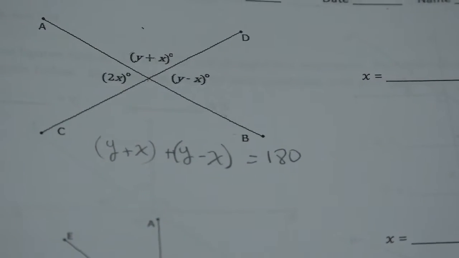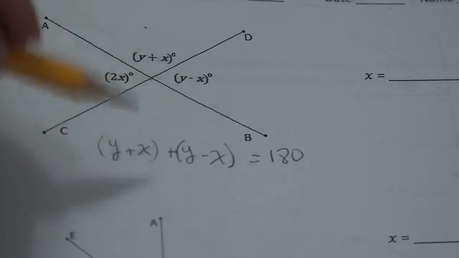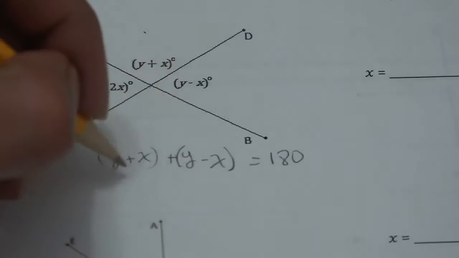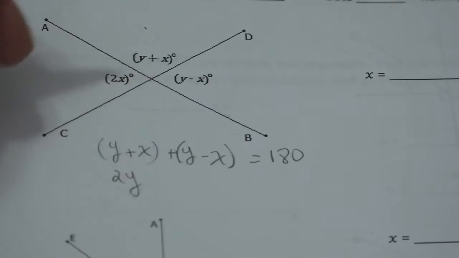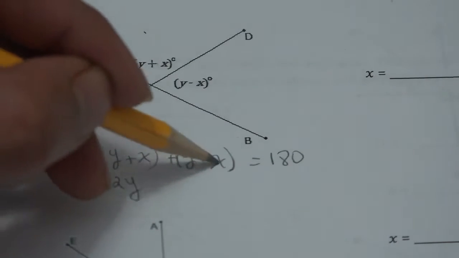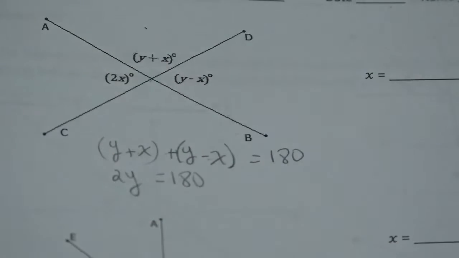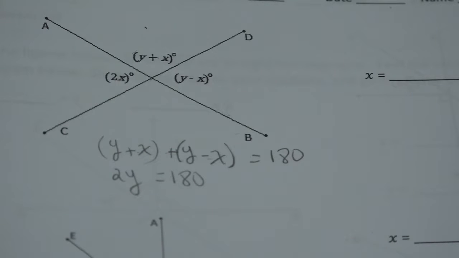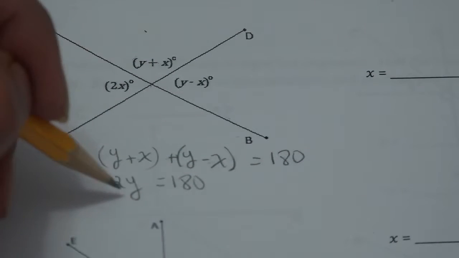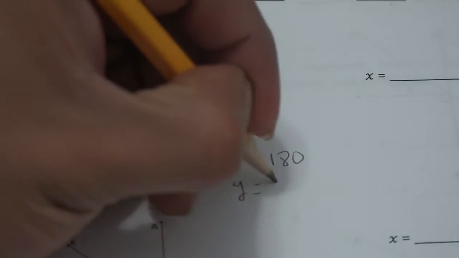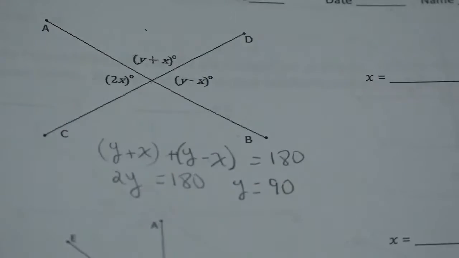I hope I'm correct. All right, so let me add the like terms. So y plus y is 2y. x plus negative x, or x minus x, is 0. So, wow, is this correct? Okay, so I'm gonna divide by 2 and y becomes 90.